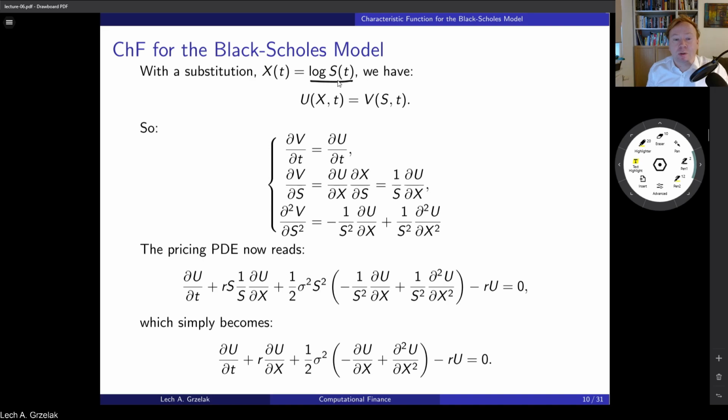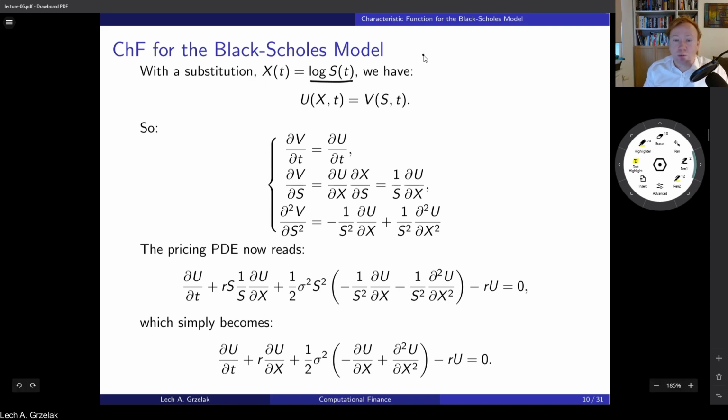Under the log transform, we have x, which is defined as log of S. So our value does not depend on S as before: we have a v of s, and now a u of x. Let me write down the PDE that we had previously for the Black-Scholes model.